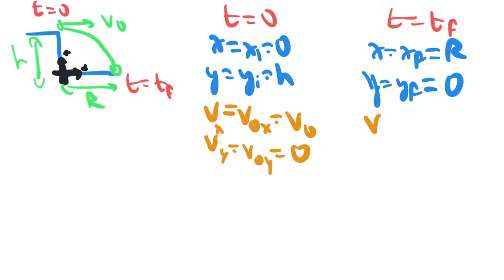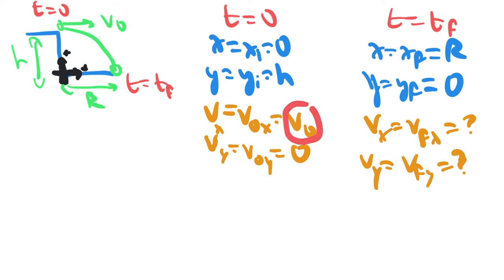Then it lands with vfx, which I don't know, and vfy, which I also don't know. In the first part, we want to find v0, and in the second part, we want to find these components so we can find the total speed just before impact. Let's say it lands here with some speed v1, with components v1x and v1y.